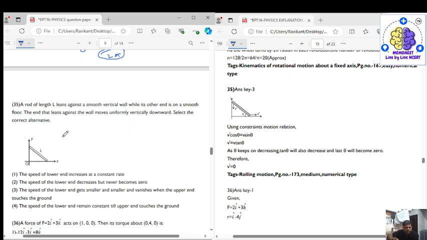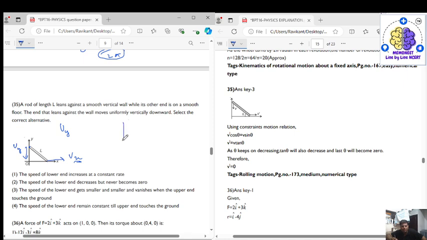See, if it is moving vertically downwards, if the velocity in this direction is Vy and the velocity of this end of the rod in this direction is Vx, and if we see for, let's say, time t, let's calculate it for 1 second. So the distance moved by this end in 1 second will be equal to Vy, and the distance moved by this end will be equal to Vx.